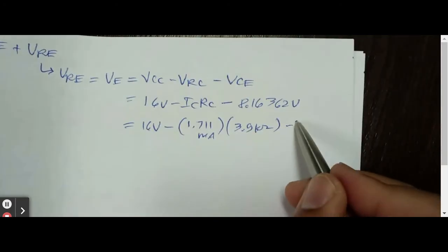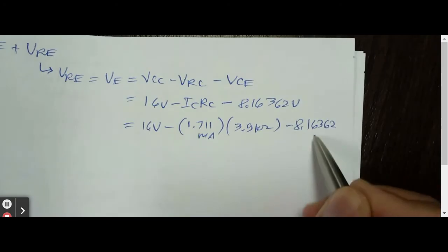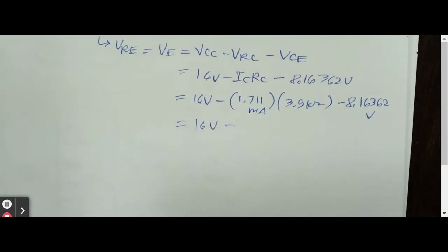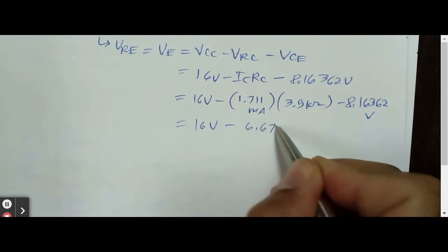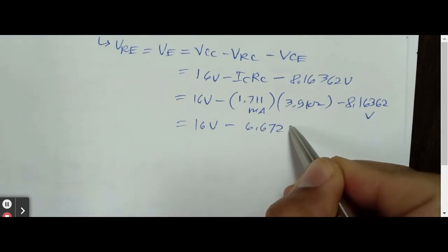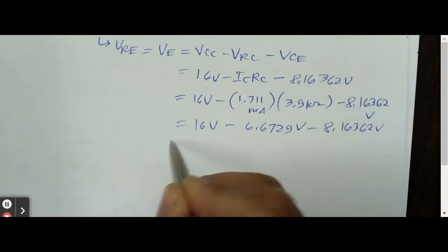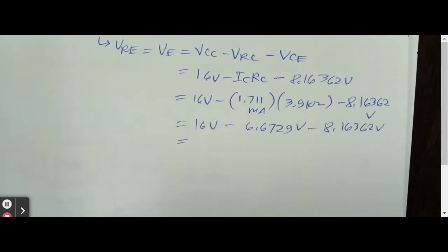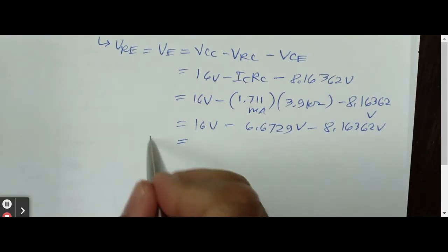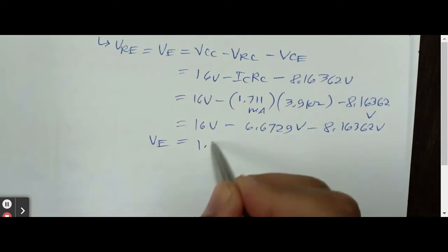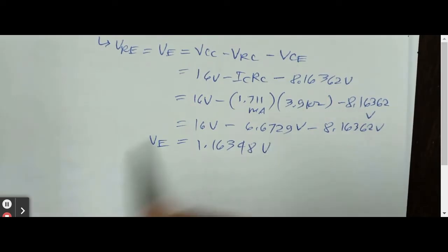And then we subtract 8.16362 volts. We'll be getting 16 volts minus 1.711 multiplied by 3.9. We got 6.6729 volts. So 16 minus 6.6729 minus 8.16362 equals 1.16348 volts.